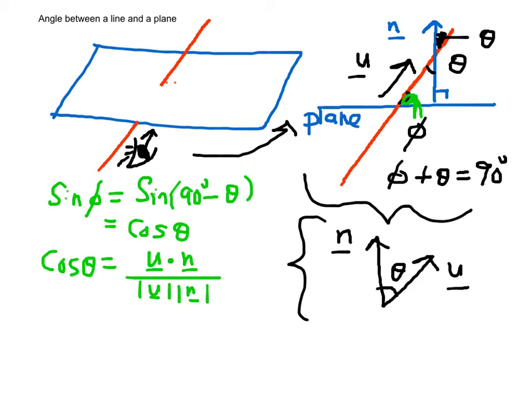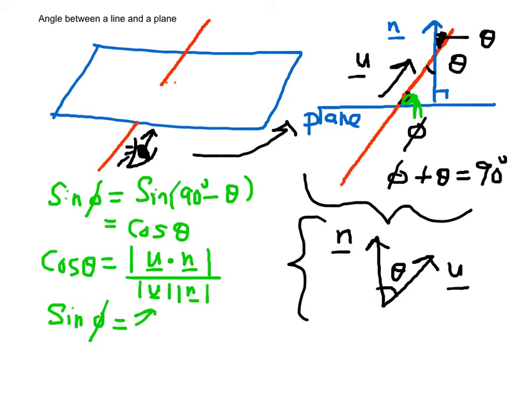And to make sure that the angle theta is acute, we take the absolute value here. But what this is in fact is sine phi. Don't forget the notion that we want to find the angle between the plane and the line, and so sine phi is equal to this thing here.